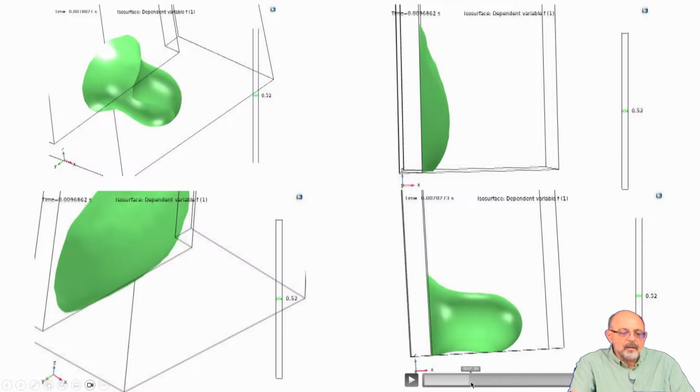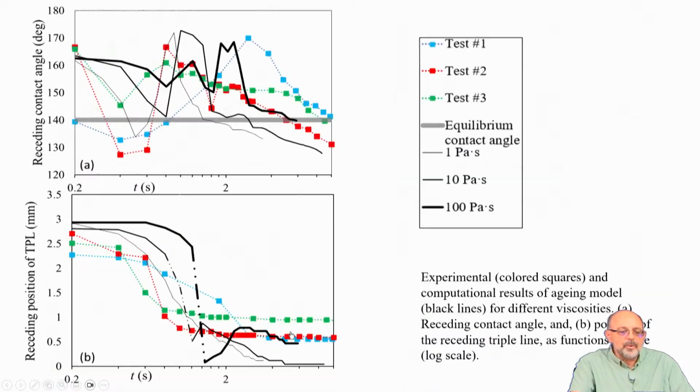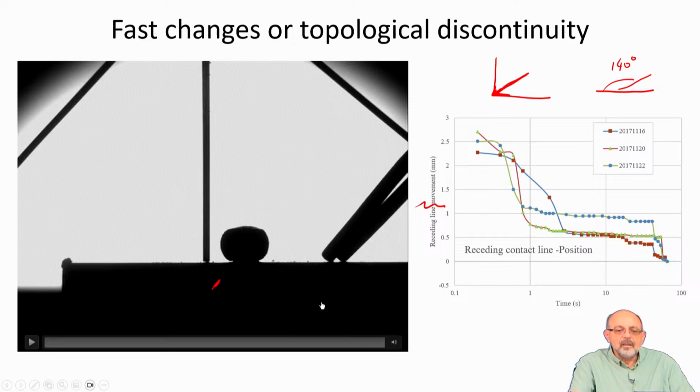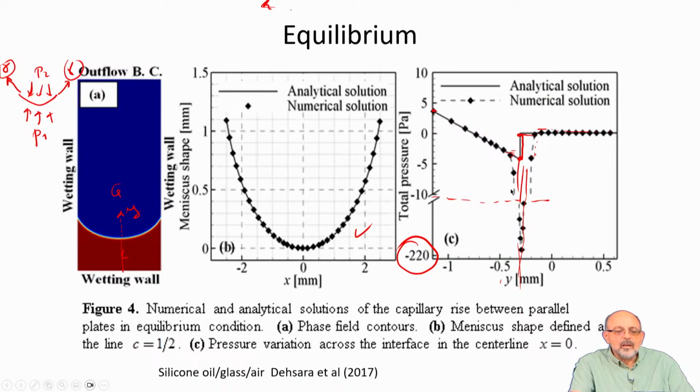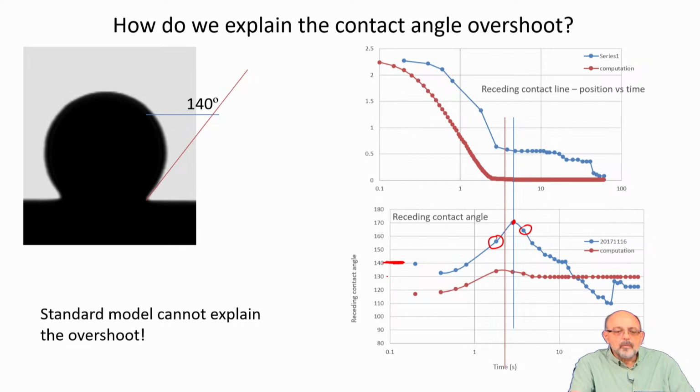And when it breaks, you cease measuring this contact angle and you jump to this contact angle here. So we have concluded that this jump in contact angle that we see here, where are those plots?